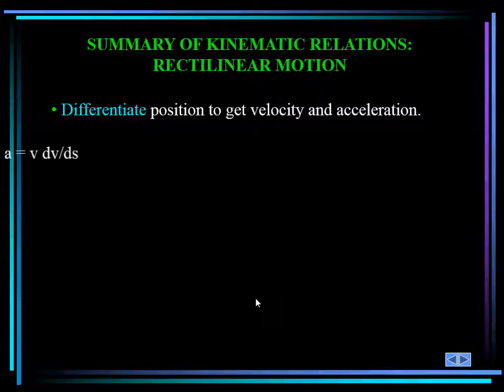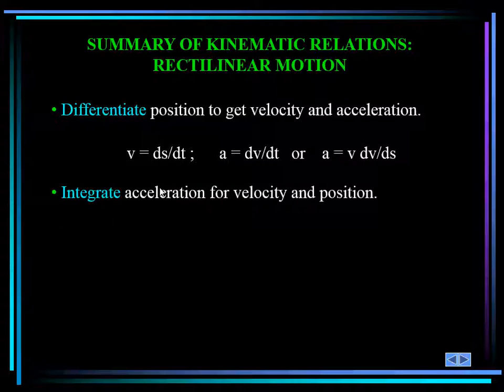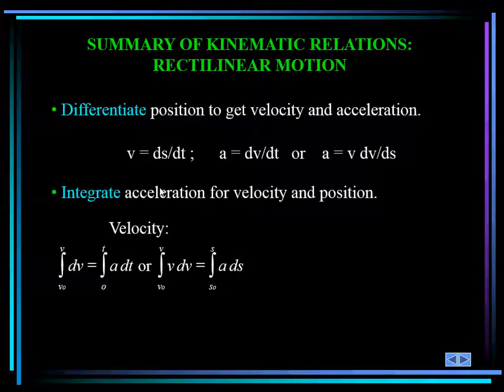This is the summary of the relationships that we see in here. The velocity is dx/dt, the acceleration is dv/dt, or the acceleration is v dv/ds. I would like to expand on this a little bit. If you integrate the acceleration for velocity and position, you are going to find the equations of motion.